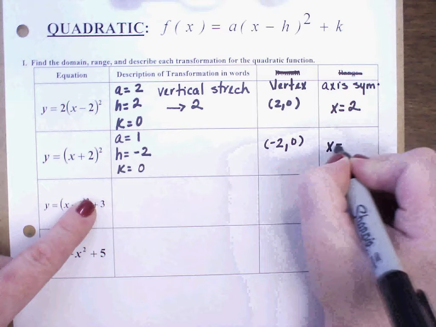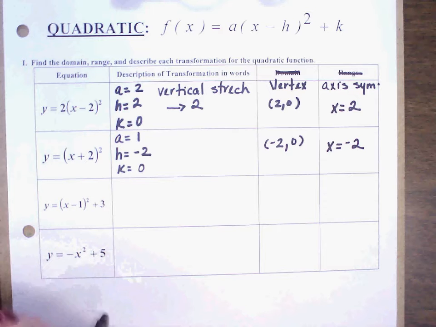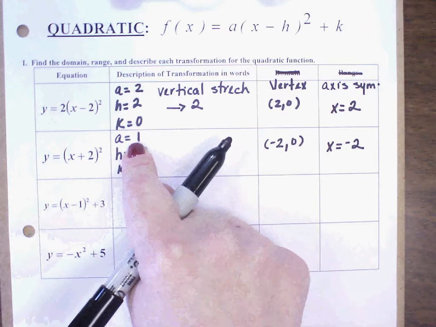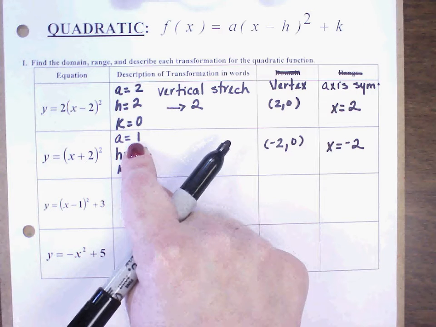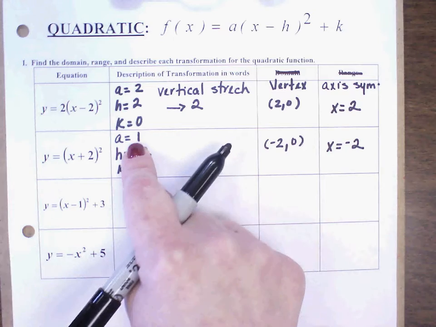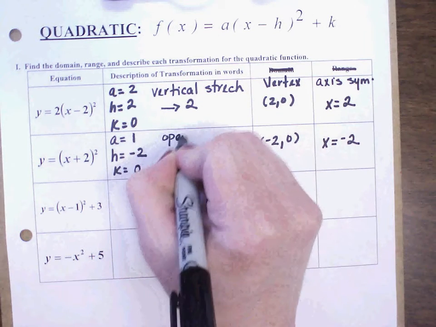But the A is 1. Okay, what about the H? Negative 2. And what about my K? 0. All right, tell me my vertex. Negative 2 and 0. Tell me my axis of symmetry. Negative 2. All right, so tell me what kind of changes does it have? Does the A do anything to it?